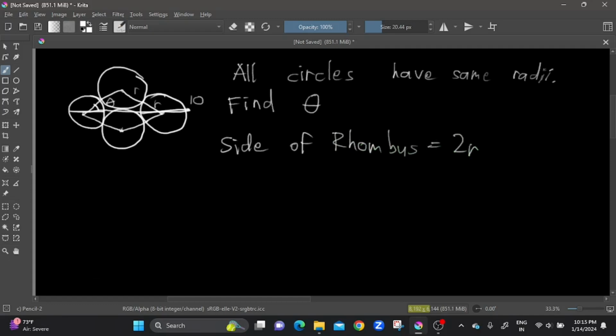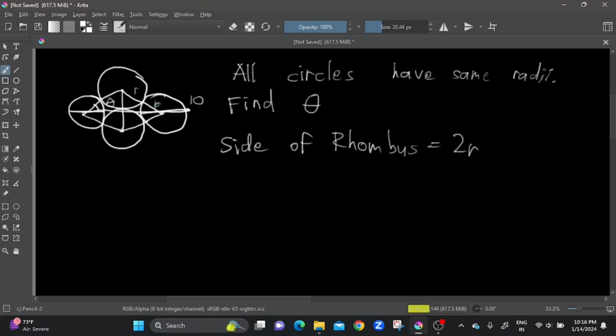So we have that set, and we're also going to construct the diagonals as well, and let's keep in mind the property of rhombuses, that the diagonals intersect perpendicular to each other. So this is going to be a 90-degree angle that will be useful later for finding theta itself.